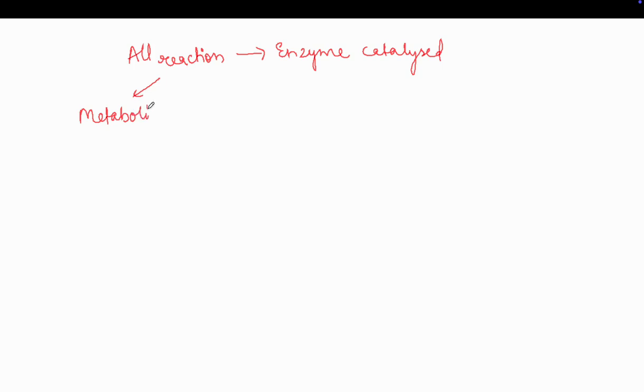They also include different types of molecular biology reactions like replication, transcription, translation, all the biological and physiological processes. These all are catalyzed by enzymes.